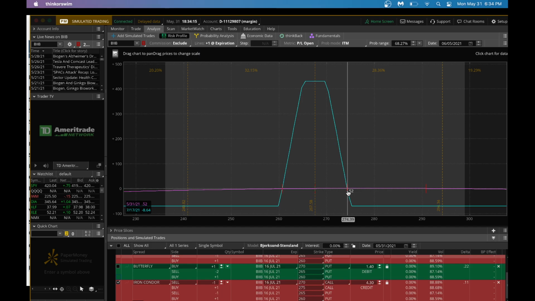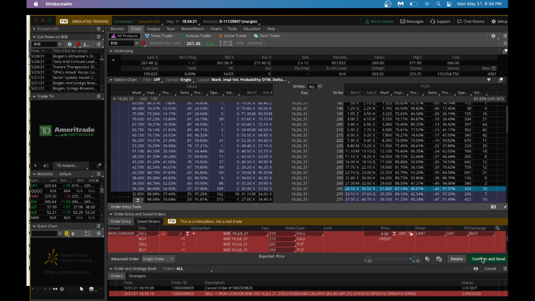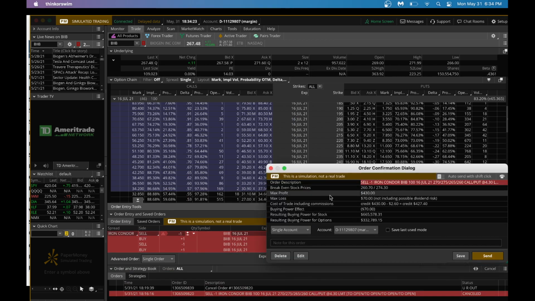To take this bet, let's go back to the trade tab here. Let's see what happens. If I do this, I collect $430 right away, and my max loss is $70. Basically I'm not losing out too much, and the buying power effect is $70.